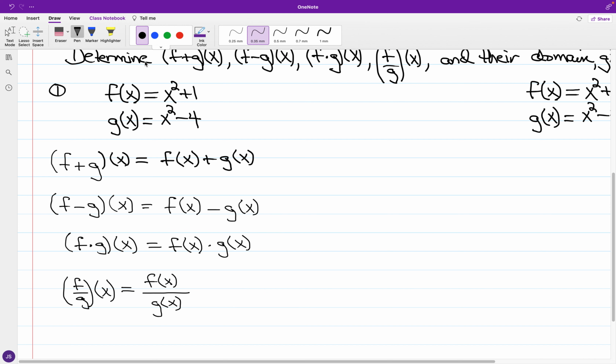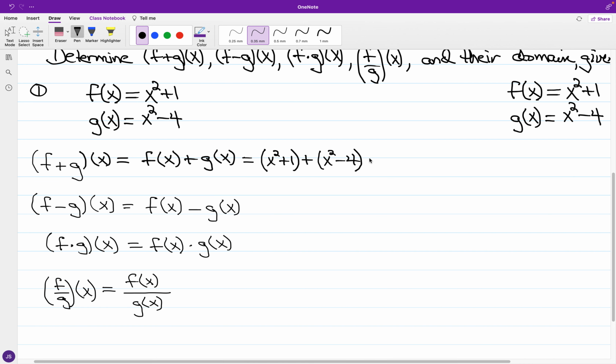So for what we have in the case of f plus g of x, we have f of x plus g of x. Again, with f of x, you have x squared plus 1. And for g of x, we have x squared minus 4. So you don't have any negative signs in front of either of these functions.